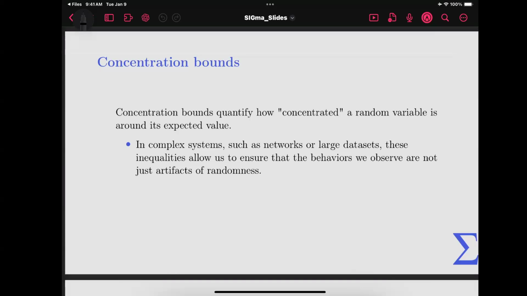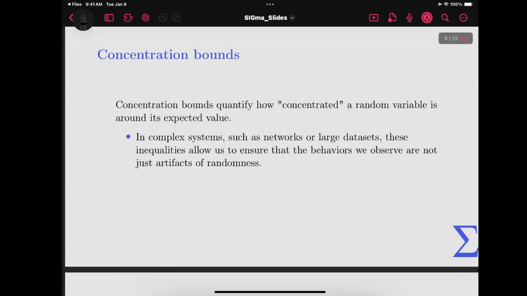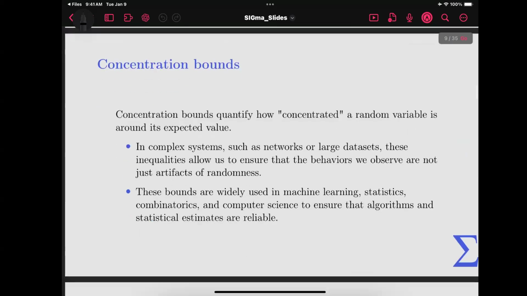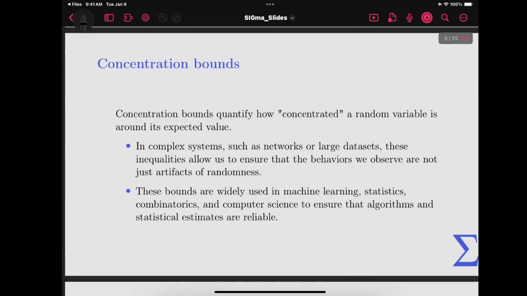So we want to guarantee that what we observe is not just randomness, but is actually useful for your analysis. That's why this bound is used a lot in machine learning, statistics, combinatorics, and computer science, to make sure that your algorithm is right.